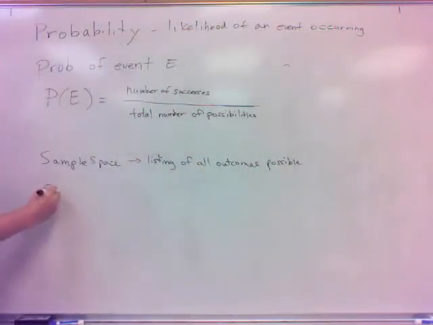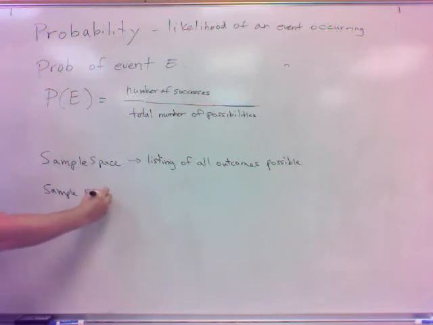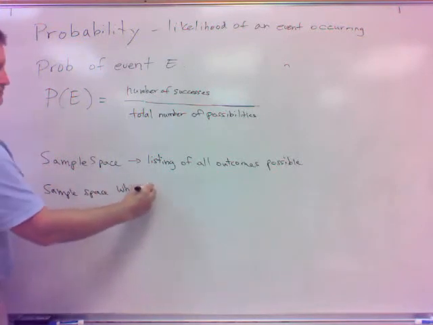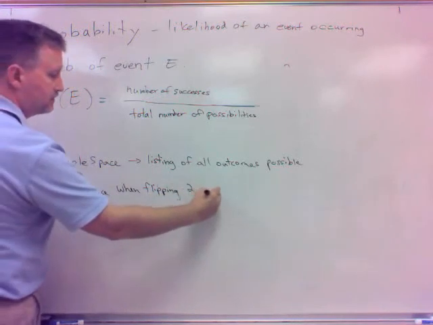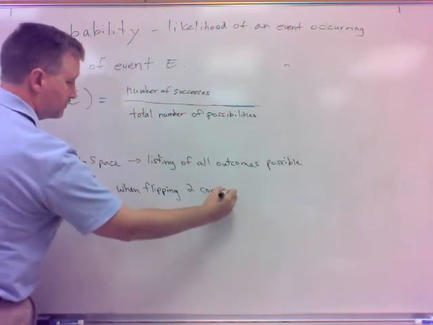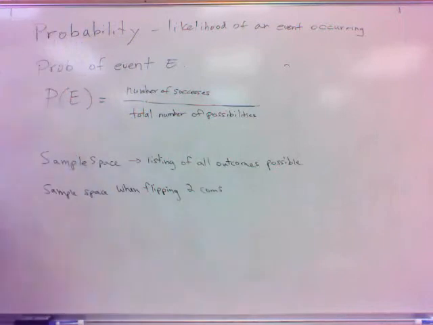Yeah, so if I asked you then for the sample space when you flip two coins, what would that be, you think? Well, that's just a listing of all the outcomes. So when we flip two coins, what are the possible outcomes?